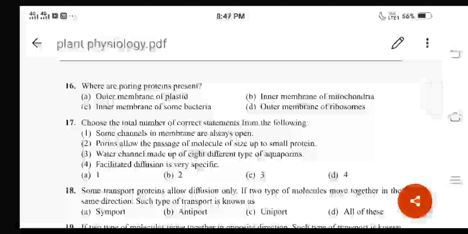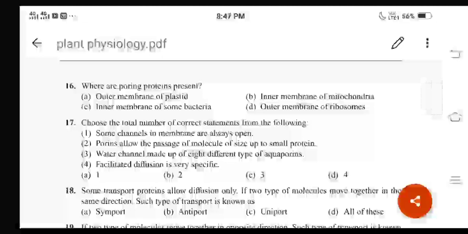Outer membrane of plastid. I will tell you the information which we have studied already. The porins are proteins that form large pores in the outer membranes of plastids, mitochondria and some bacteria, allowing molecules up to the size of small proteins to pass through.